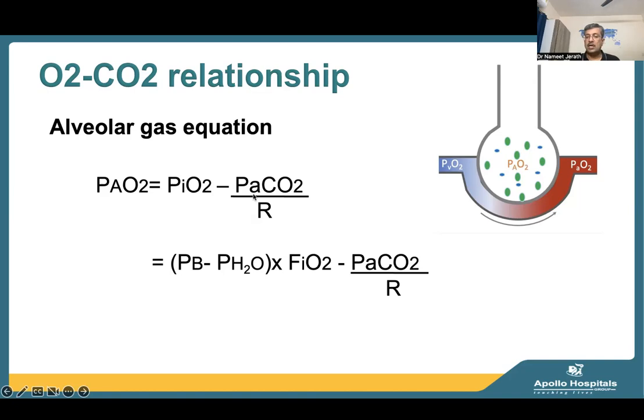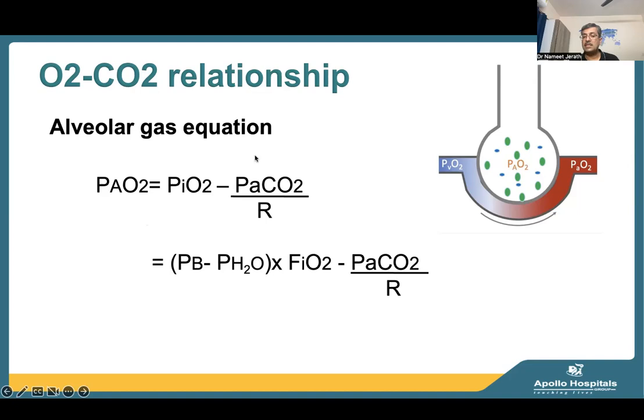We have taken an arterial CO2 here because CO2 is very easily permeable, so the arterial and the alveolar CO2 are going to be more or less the same. This inspired oxygen will depend on the barometric pressure minus the pressure exerted by the water vapor. So this is the alveolar gas equation, which gives us a relationship between alveolar oxygen and carbon dioxide.